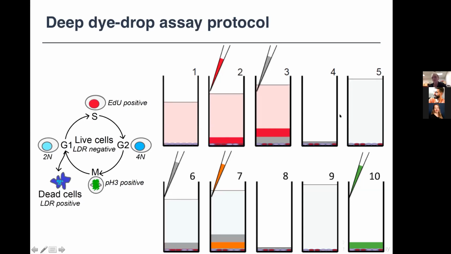Similar aspiration, dispense of PBS, and then we block, perform a click chemistry reaction to label the EdU, and then incubate the cells overnight with a phosphohistone H3 antibody, as well as with the Hoechst dye. The advantage of including the Hoechst dye in the overnight incubation is that it can saturate and then give an accurate measure of DNA content. Shorter incubations with Hoechst don't give you as clean separation between G1 and G2 cells.